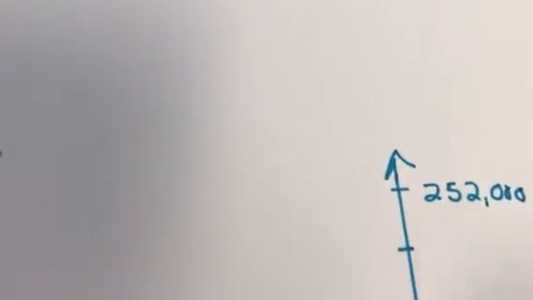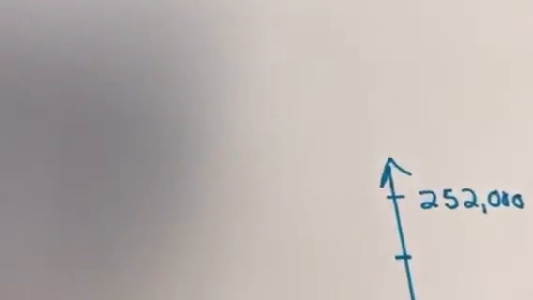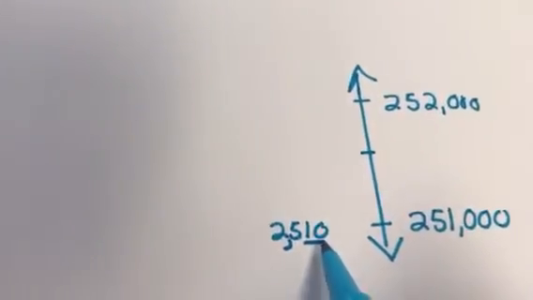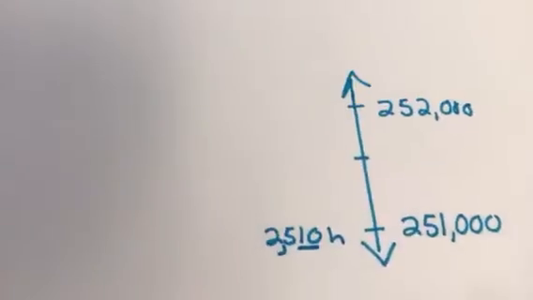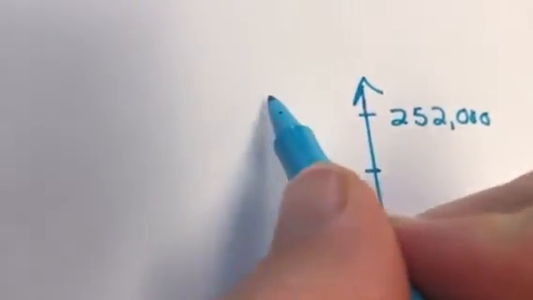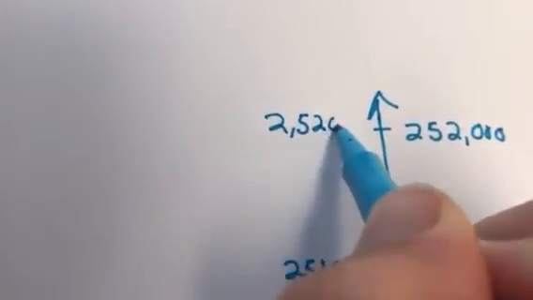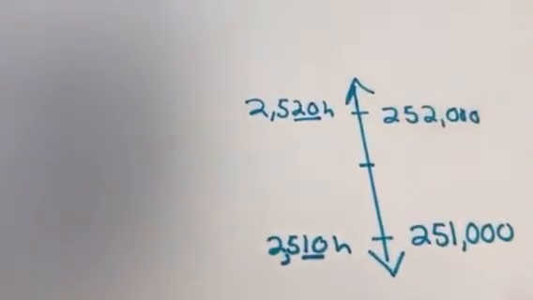I might ask myself, well, how many hundreds are in this? There's 2,510 hundreds. But really, if I notice that there is a 10 in my hundreds place, this is really going to help me out. There's 10 hundreds. Okay. And then I can do the same thing up here. 2,520 hundreds. And I'm going to pay attention to that 20 hundreds.